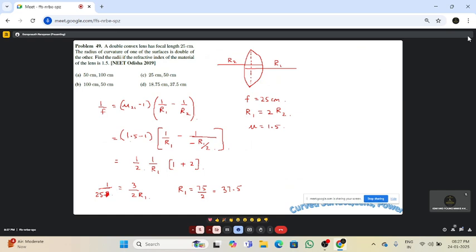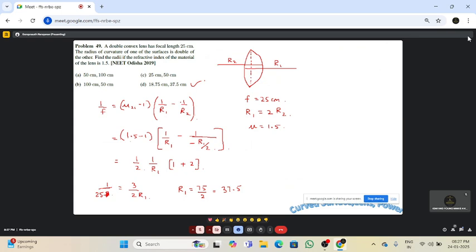Yes, 37.5. So that will be R1. So 2 times that it will be 75. Sorry, half of that it will be 18.75. This will be the correct answer.